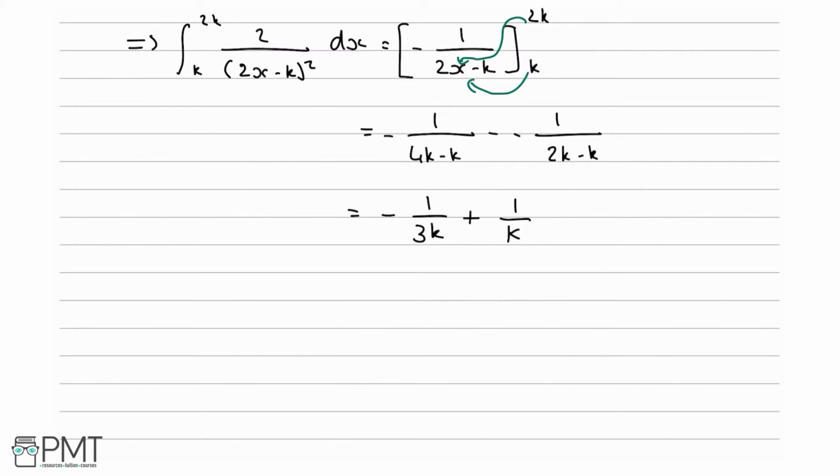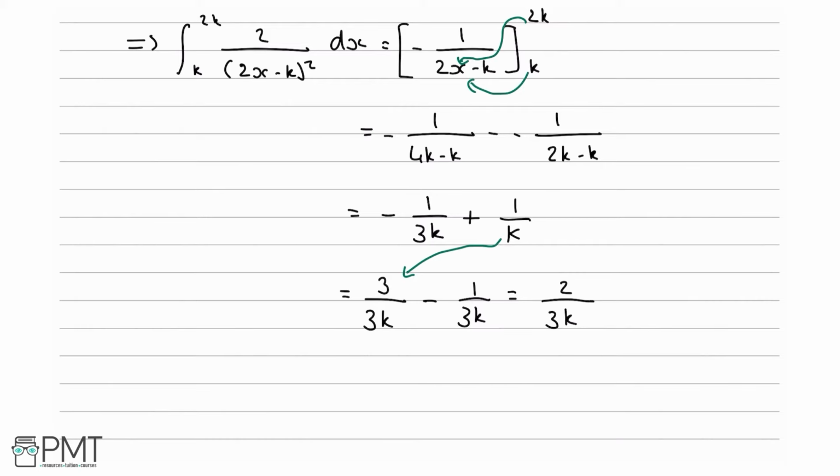When you add these, you will end up with this equals 1 over k minus 1 over 3k is the same as saying 3 over 3k. So all I've done is brought this one to this side and multiplied the numerator and denominator by 3 to preserve the fraction, minus 1 over 3k, which equals 2 over 3k. All right?